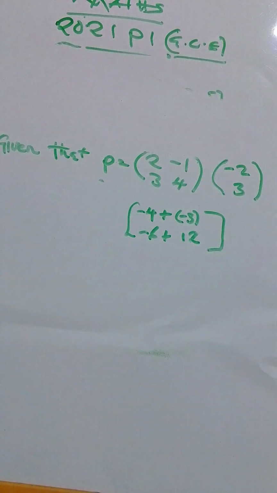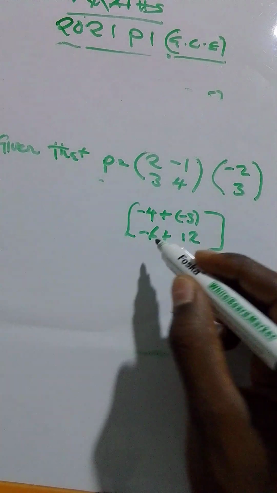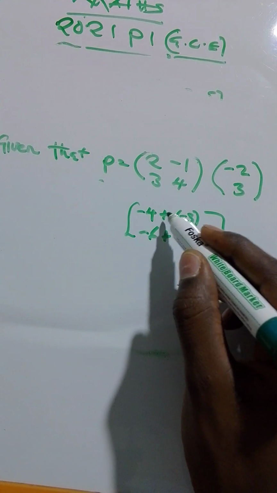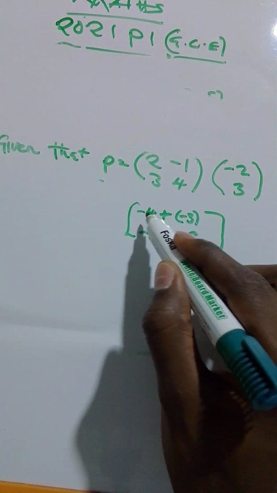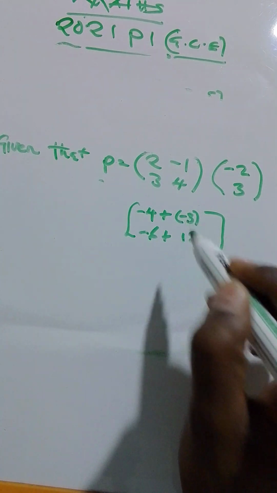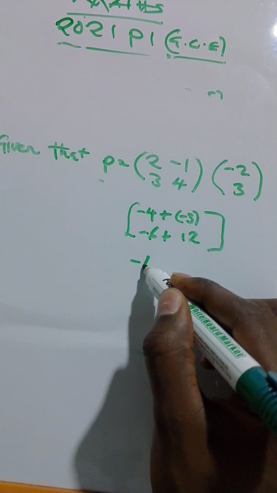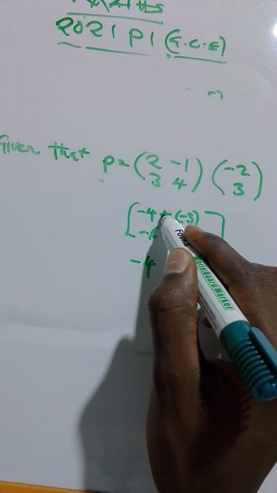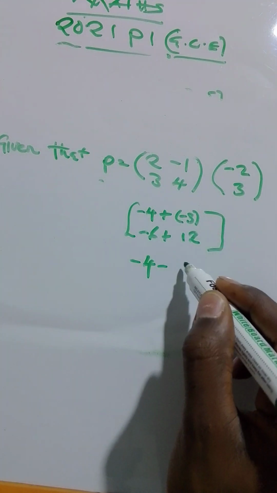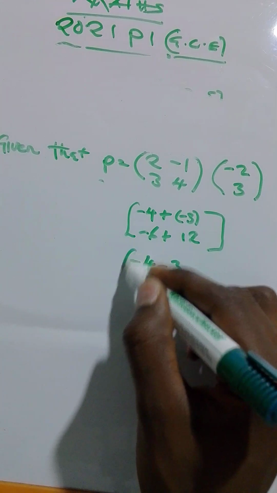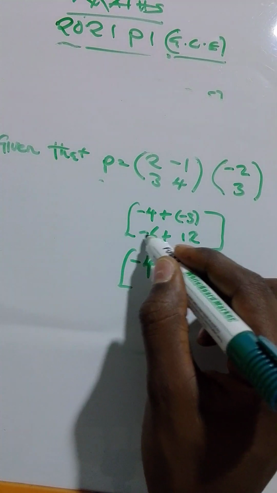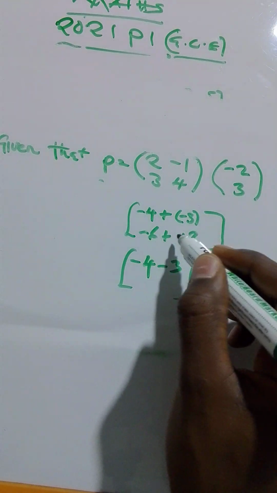That's the first step. Therefore, we know that this is negative, this is positive. So it's like now we're having -4 minus 3. So we have something like this. Positive and negative, I get negative. Then 3 like this. Then -6 plus 12.